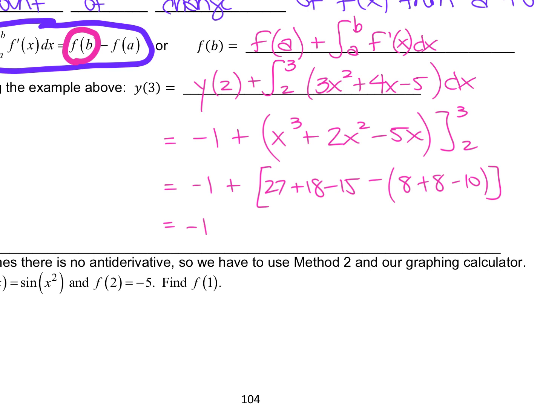So then I get -1 plus, I would just do the math within this and say, okay, 27 plus 18 gives me 45 minus 15 is 30, minus 6 is 24.